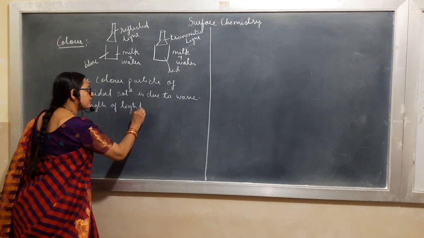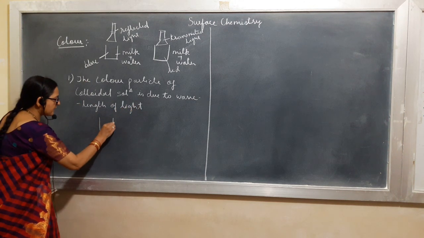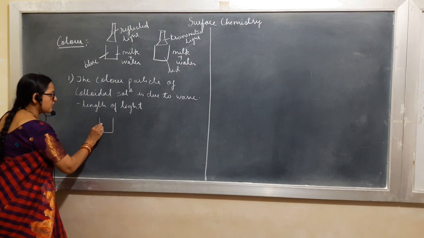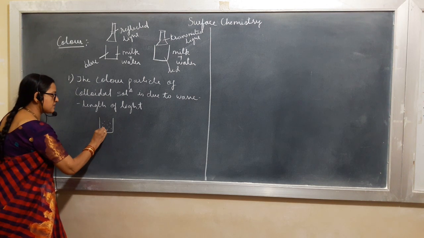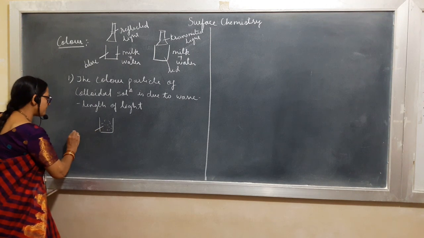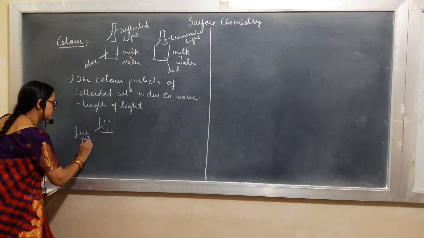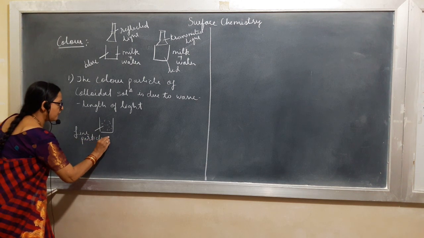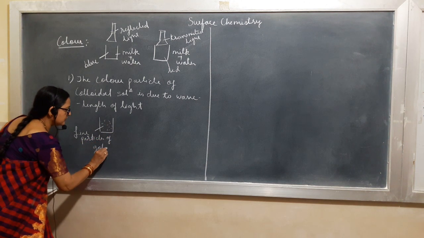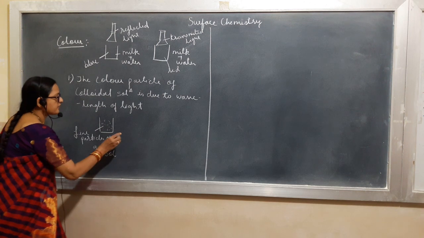Let us illustrate one more thing. I take one container. In this, gold sol is taken. Suppose this gold sol is having very fine particles of gold sol. One more container we shall take.